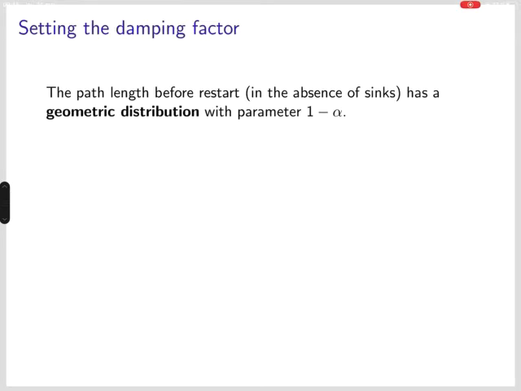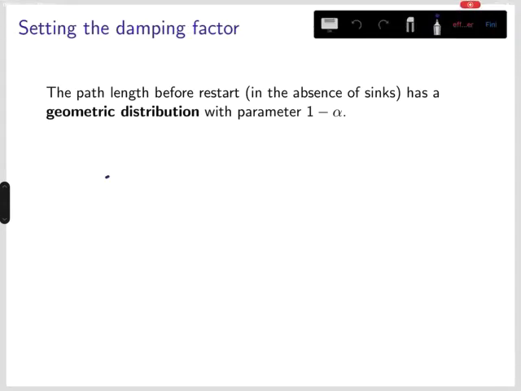Actually, you can have a look at the path of the actual random walk before restart. So how many nodes do you visit before a restart? It has a geometric distribution with parameter 1 minus alpha.